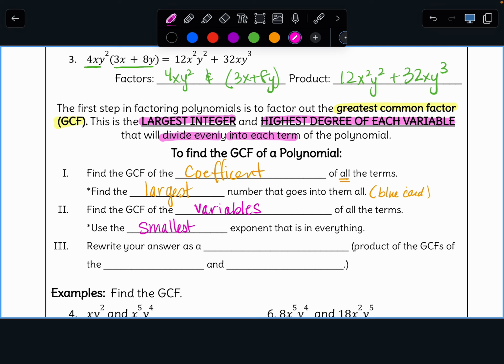If I have x squared and x, the smallest one is just x. So that's what we're looking at, okay? And then once we're done, we rewrite our answer as a single term. So we pull out the coefficient and then the variable, and that becomes our single term, which is a product of 1 and 2.